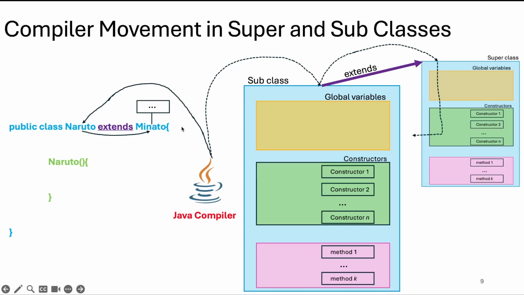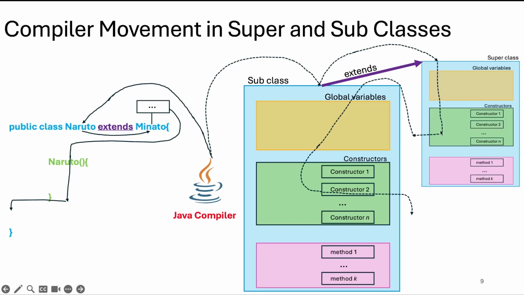This complex behavior is difficult for me to show, so I have simply kept it as a box. So the compiler comes to Naruto, goes to Minato class, whatever task it has to perform in Minato will be completed, and then the compiler enters into the Naruto class.